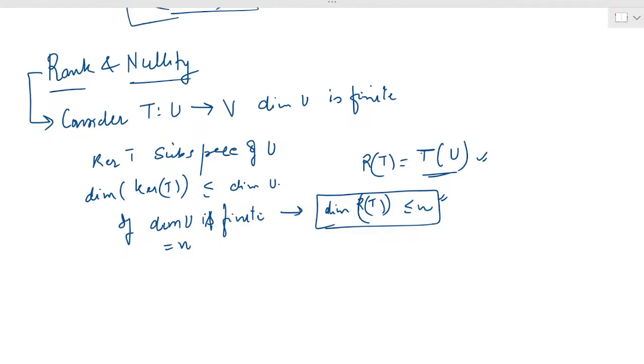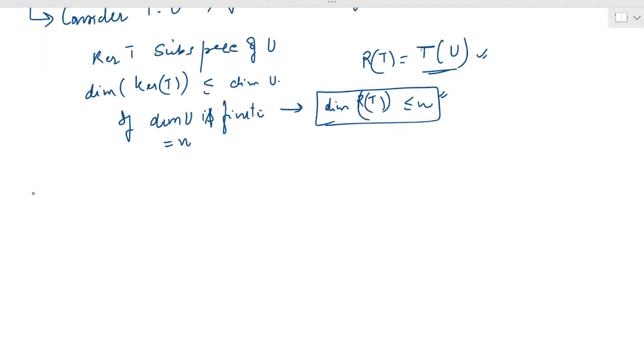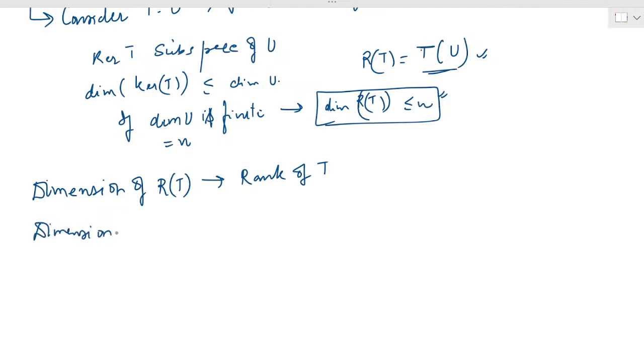And having said all these things, there are two terms that are important. The dimension of the range space is known by a special word called the rank of T. Or you can say the dimension of the null space, the kernel of T, is known by a special name called the nullity.